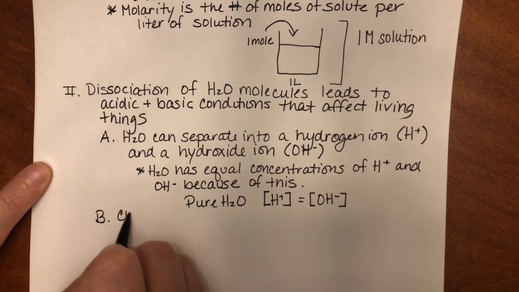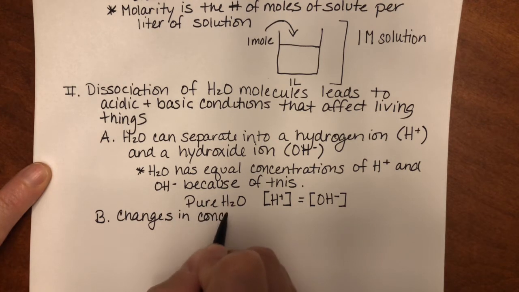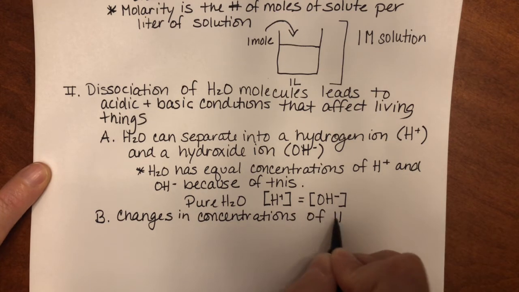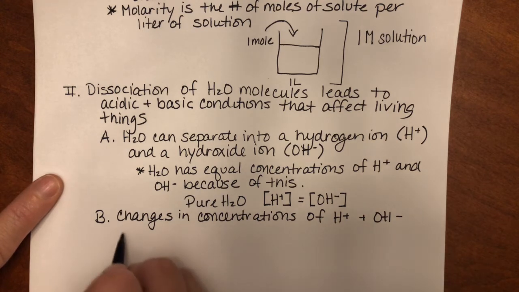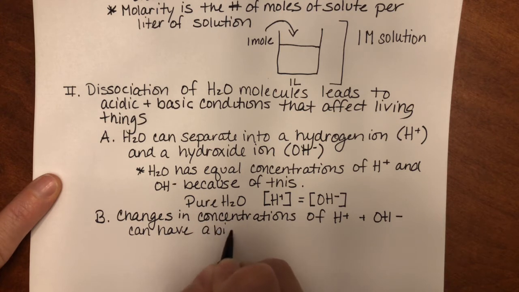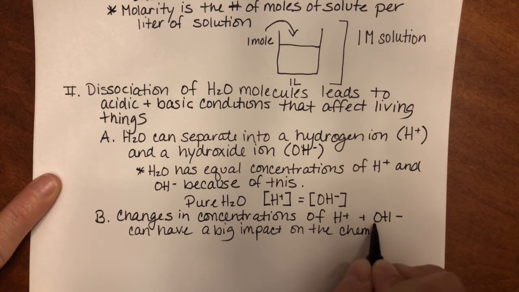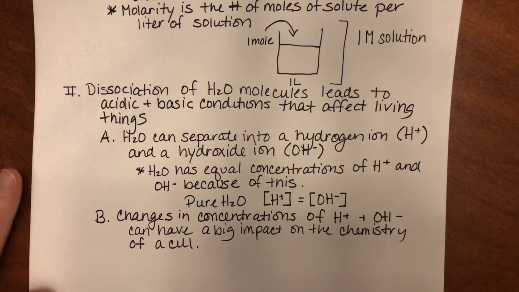Changes in concentrations of H+ and OH negative ions can have a big impact on the chemistry of the cell, which is why we're talking about it.